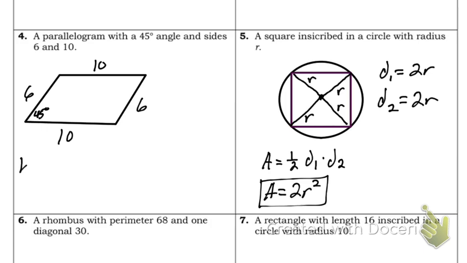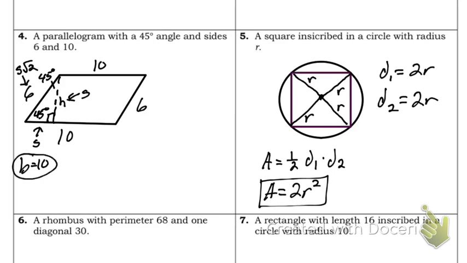Well, I'm going to say my base is 10, and this is going to be my height. Well, that's just a 45-45-90 triangle where this is S, this is S, and this is S square root of 2.